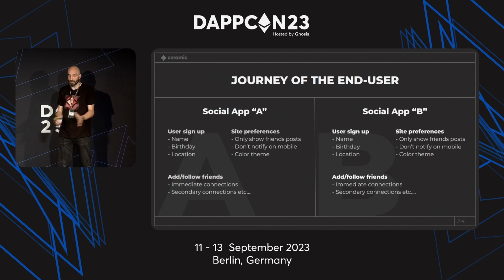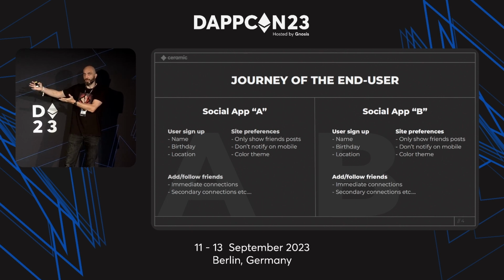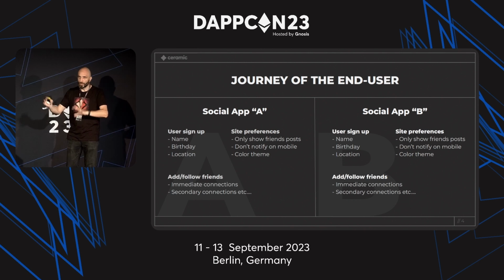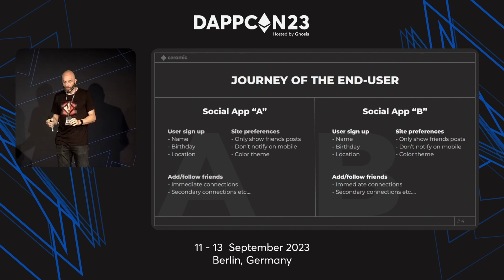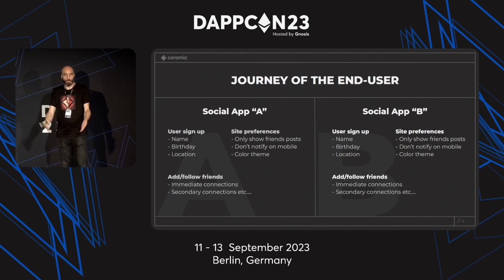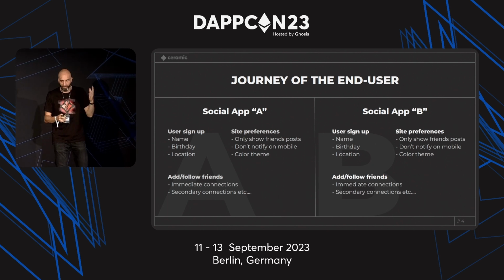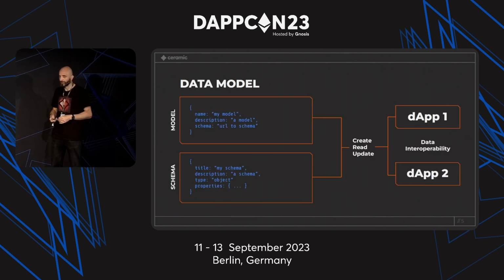As a user, I can take all my posts from a previous social app to my new social app, and it's already there. I can take all my followers, and suddenly when I'm coming to a new social app, I already have activity, I already have value, and I already want to use it rather than start building everything up.